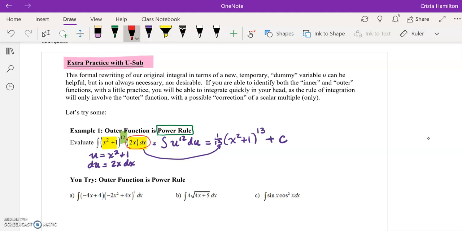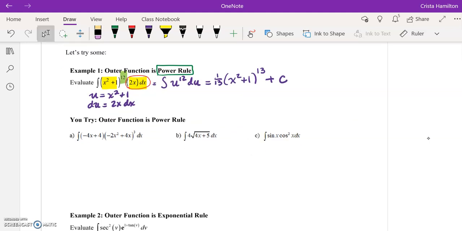You can think of it as, I'm just going to pack that back up. That came from the derivative of the inside, so you can ignore it when you go backwards as long as you have it. In the end, you do want to make sure that your final answer is in terms of x, not in terms of u, even if you write it down.